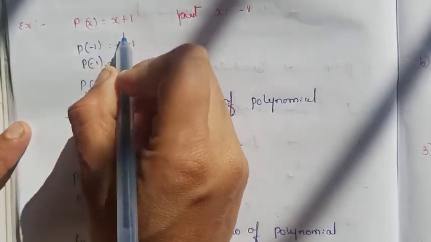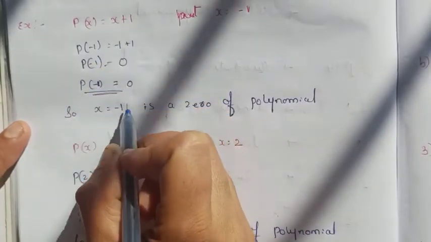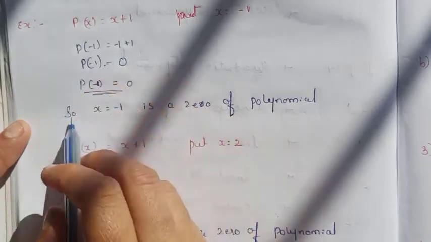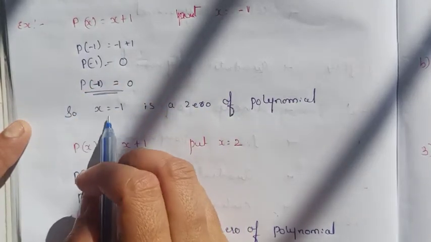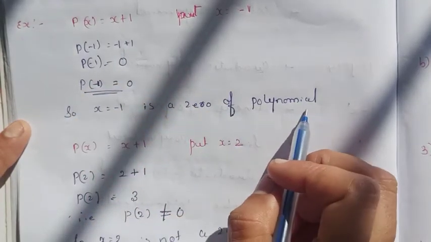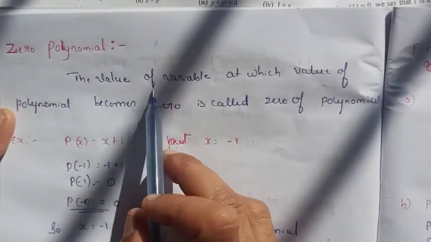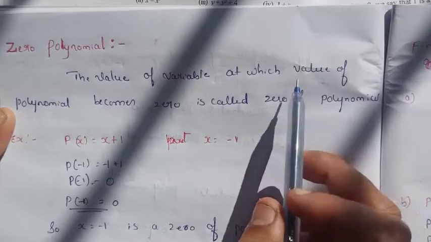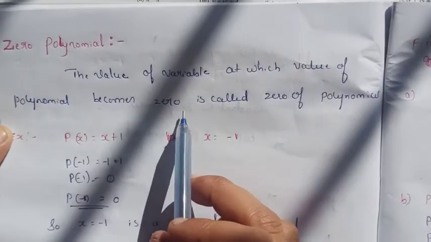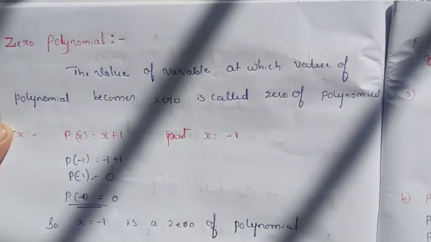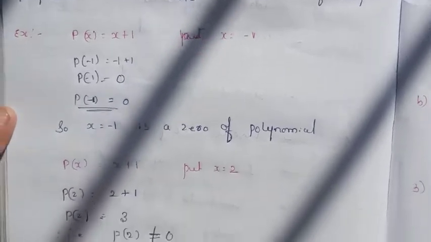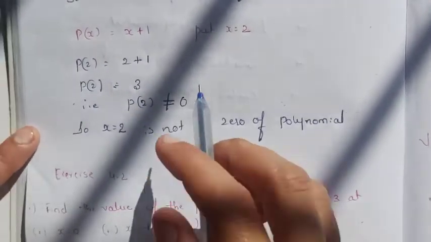When I substitute x equal to minus 1, the polynomial becomes 0, so x equal to minus 1 is called a zero of the polynomial.